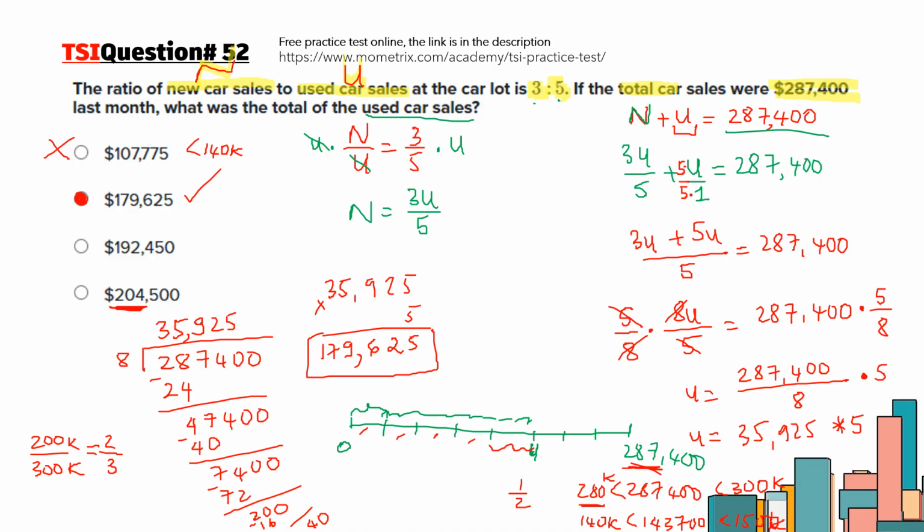So 2/3, this one is 3/5. If we multiply by 5, we'll have 10 over 15, but we have 3 over 5. So 3 over 5, if we multiply by 3 to make the same denominator 15, you got 9. So it's too much compared to that. Okay.